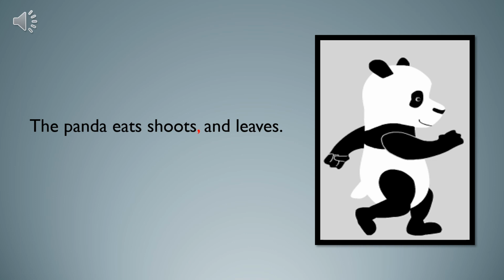As such, our subject, the panda, gets carried over into the second clause and, like the first clause, the subject performs an action. In the second clause, the action is leaving. In this way, the sequence of the first clause gets repeated in the second. This is parallel structure, and it's something most readers will look for without even realizing it.